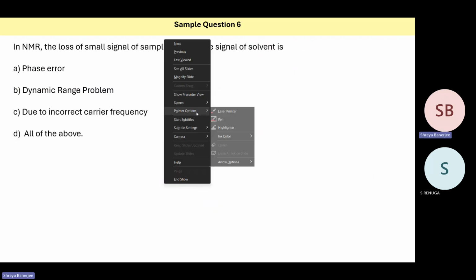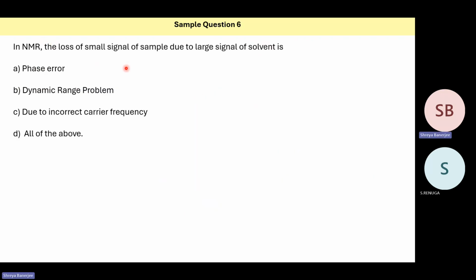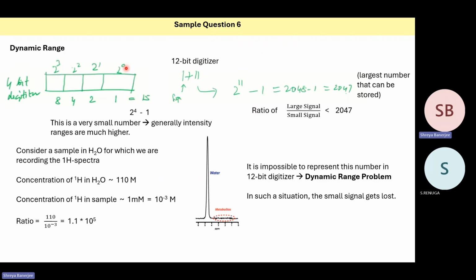Next, it is asking that in NMR, the loss of small signal of sample due to large signal of solvent is called what? And we have already seen in the previous class that this is called dynamic range problem. So when you have a large solvent signal like water and small sample signals, this is why water suppression is needed, because in the digital storage range, you need to be able to store the intensity ratio of the signals.